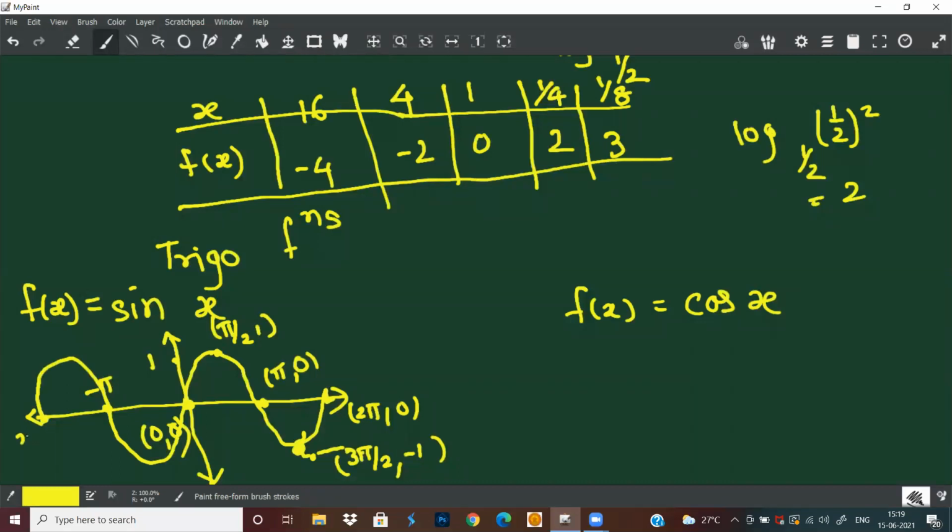Again, this will be -2π, comma 0, -π, comma 0. Are you getting it? And ये -3π/2, comma +1.